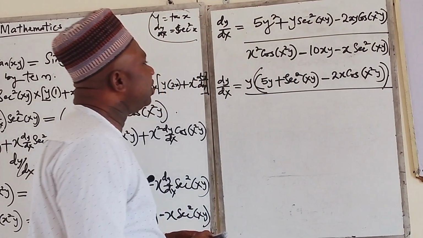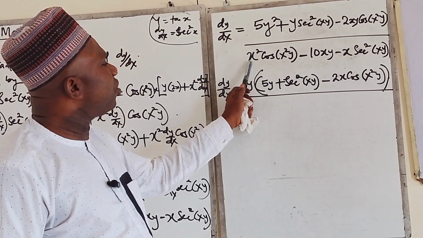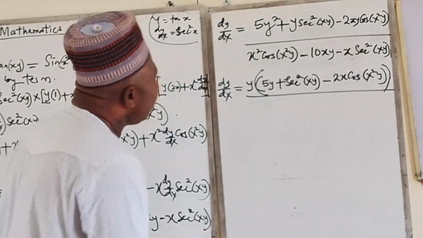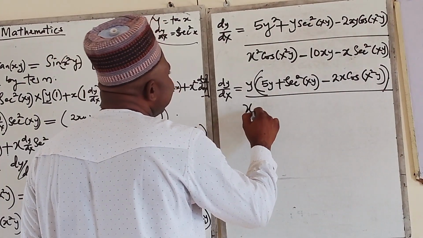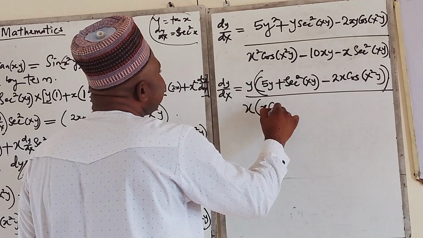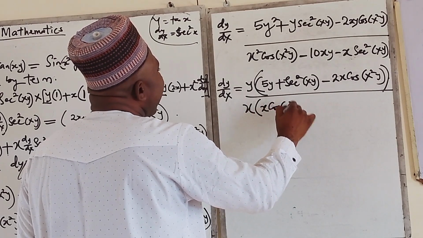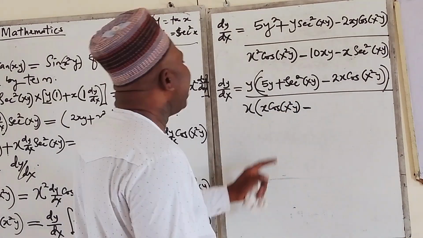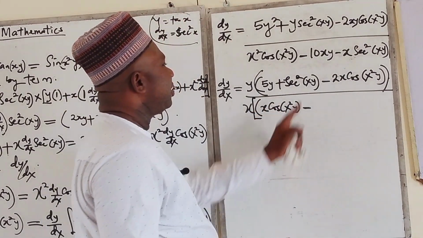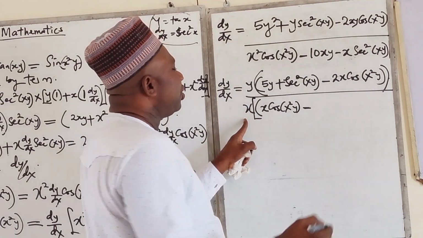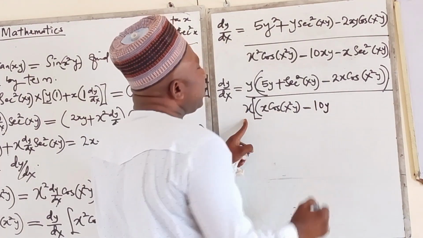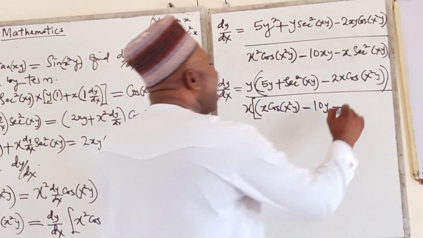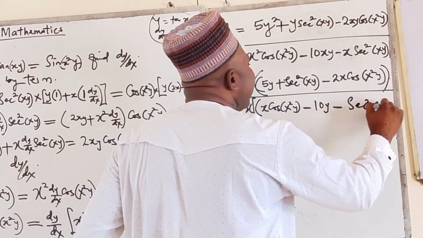Now looking at the denominator, you will see that x is common. There's x squared here, there's xy here, and there's x here. It means what we'll have is x in brackets: x cos x squared y minus 10y, then minus sec squared xy.